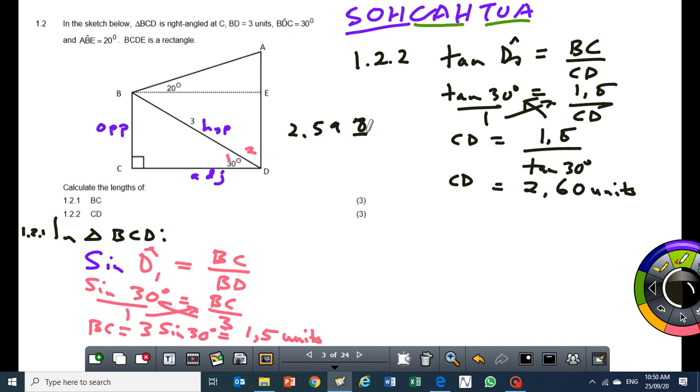But sir, are you telling me we'll get marked wrong if we do 2.59? Well, the memo is strict. You can only be penalized once for rounding off incorrectly, in any paper. That's why I'm telling you now that you round off to two decimal places. Did I tell you before?